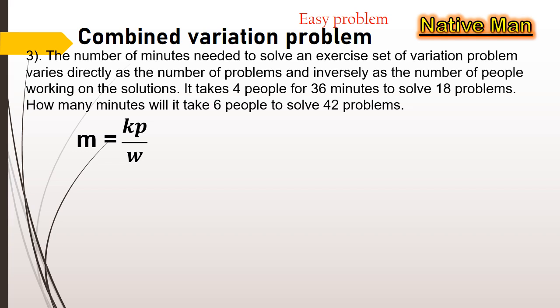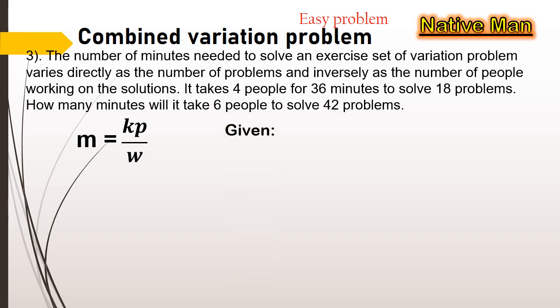So, set natin yung W as variable for people working on the solution. So, yung ating statement is M minutes is equal to KP, varies directly as P, number of problems, over W, inversely as the number of people working on the solutions. So, M is equal to KP over W.